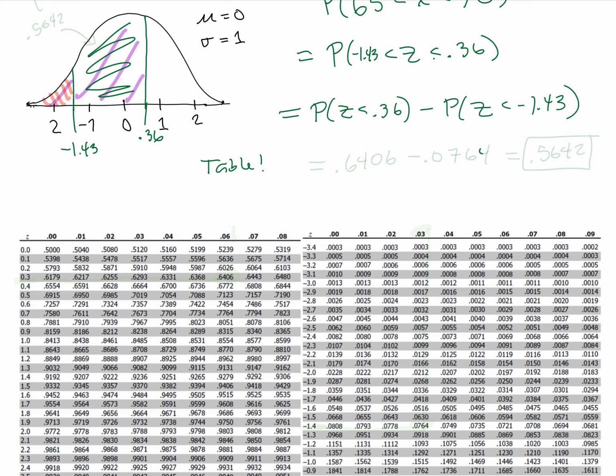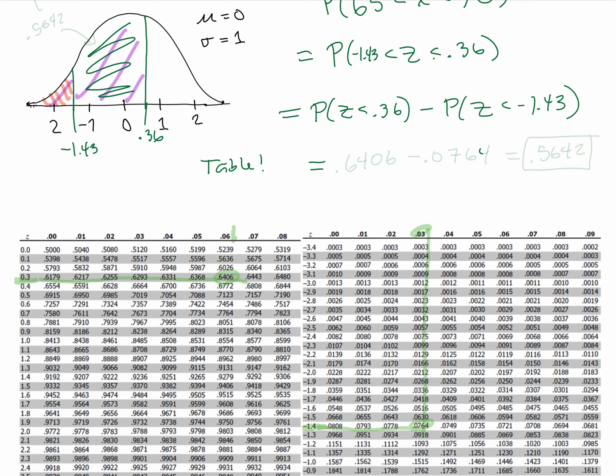So on the positive z-score side, for 0.36, here is 0.3, here is 0.06. The place where those match up is right here at 0.6406. And for negative 1.43, to find the probability that z is less than negative 1.43, we now need the negative side of the z-score table. So here's z is negative 1.4, here is 0.03. So the place where those match up is right here at 0.0764.